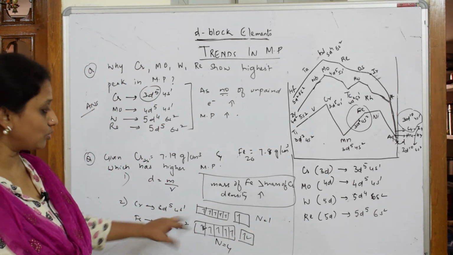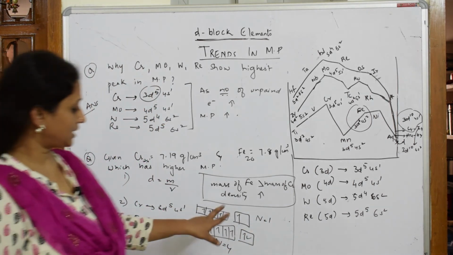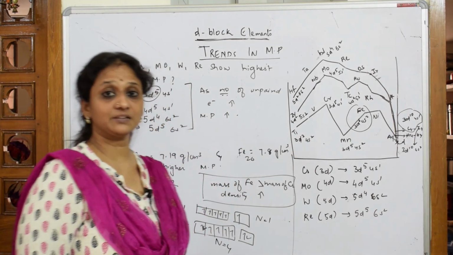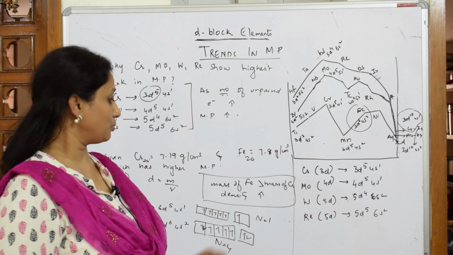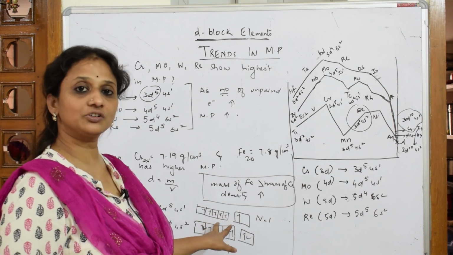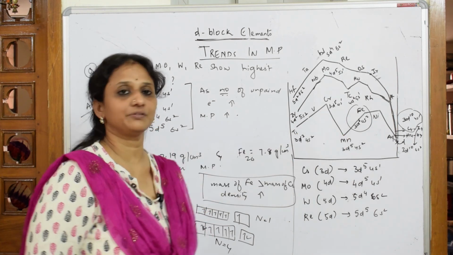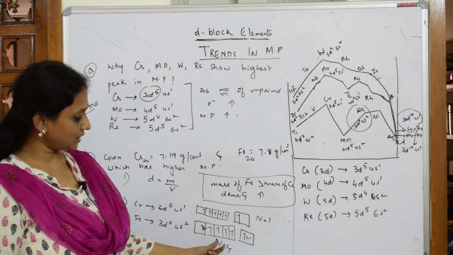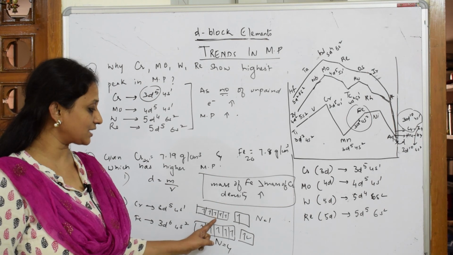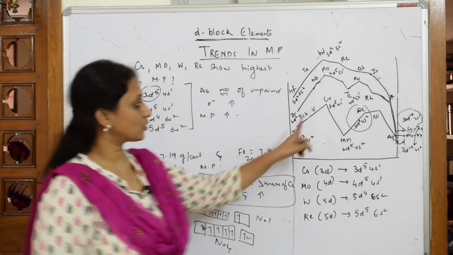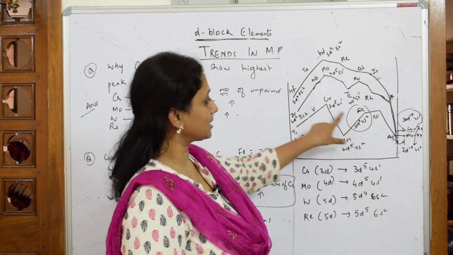When I compare both of these, chromium has a half filled and stable configuration, right? So both concepts are acting on this, and it has a higher melting point compared to Fe. But here, what is happening? You have only unpaired electrons, but the stability factor also counts in chromium. There is no stability factor counting here. So chromium is at the peak compared to iron.